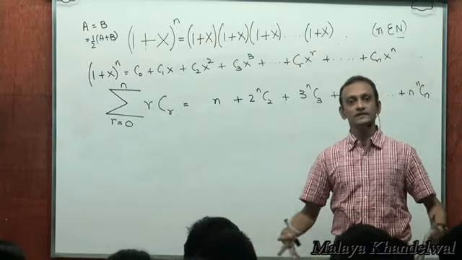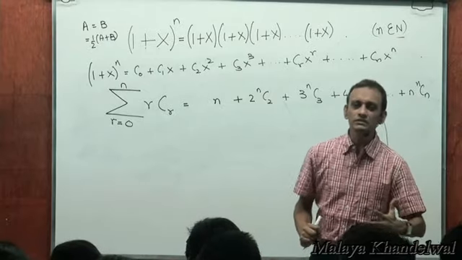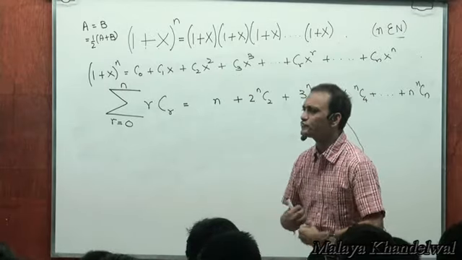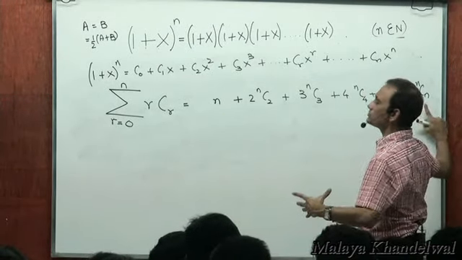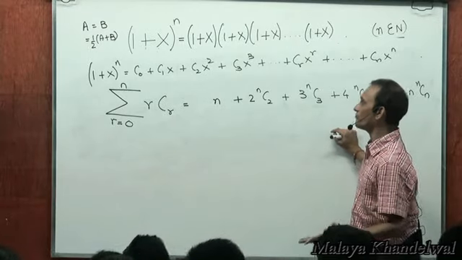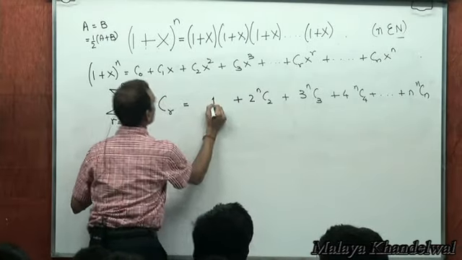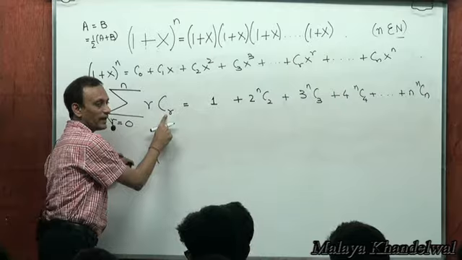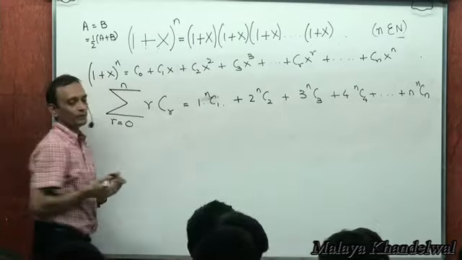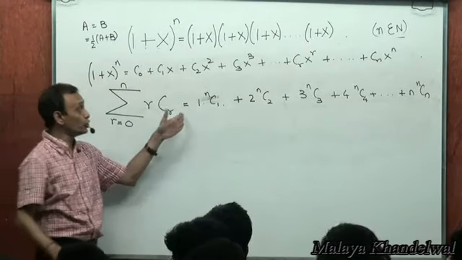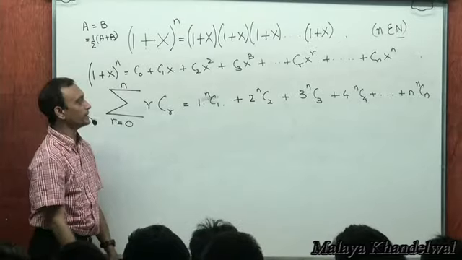Let me first, to begin with, to get you some mental exercise, deal with this in a genuinely raw form. Let me convert all these entities, nC1, nC2, etc., into their raw formats. Sorry, this is r equal to 1, there will be 1 into nC1, which is the same as n, but just to make sure that it flushes with the rest of the members, I'll choose to write it like this, right?